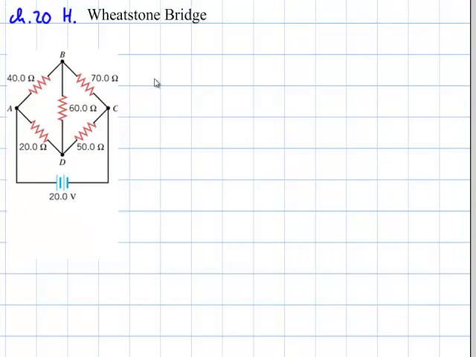All right, of course, as far as those are concerned, we have a number of loops and we have a number of junctions. And we also have a number of variables.